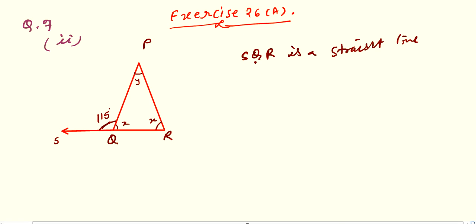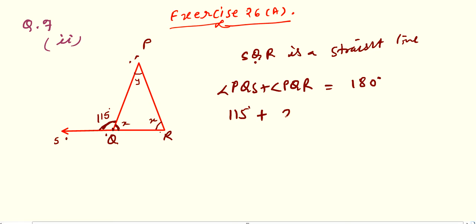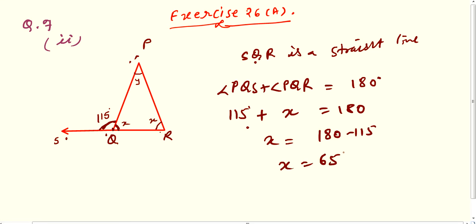So definitely we have 180 degrees, or a straight angle, at Q. We have two angles at Q: this is 115 and this is X. So PQS plus PQR. These two are adjacent angles making a linear pair, so equals 180 degrees. Now PQS is 115 and PQR is X, so equals 180. Transpose this 115 to the right hand side. So X equals 180 minus 115. So X equals 65 degrees.